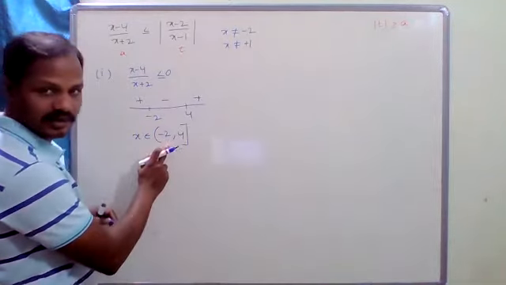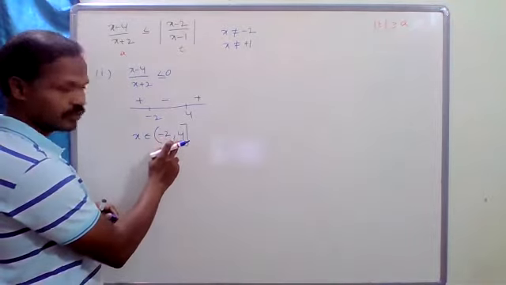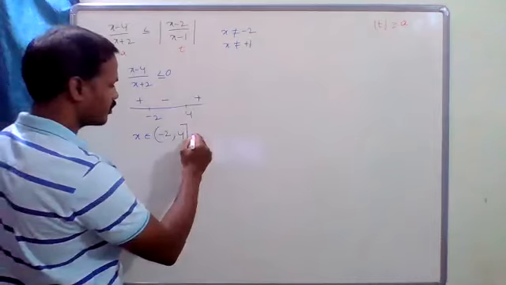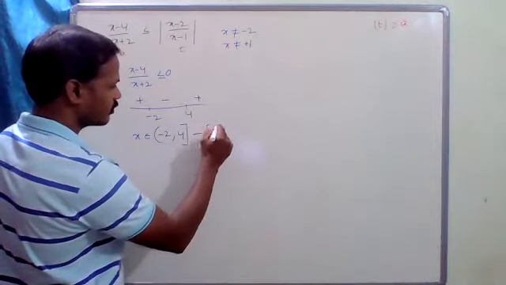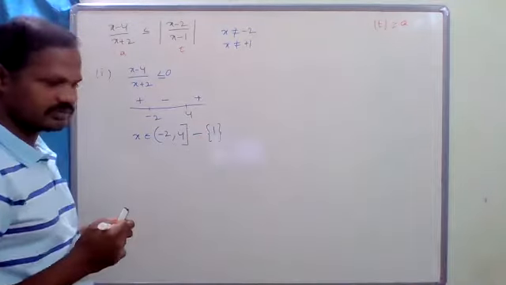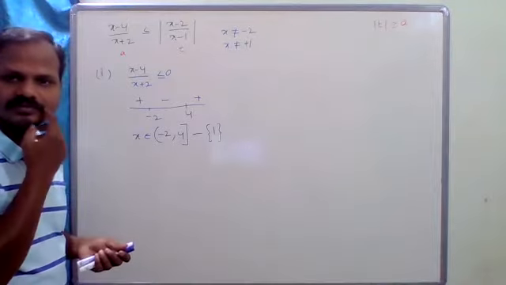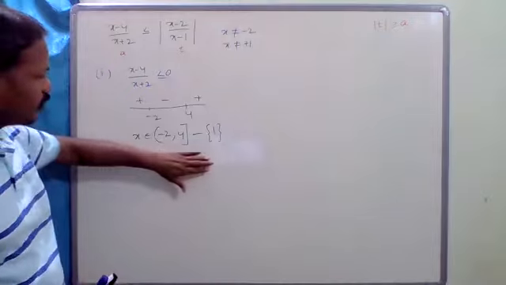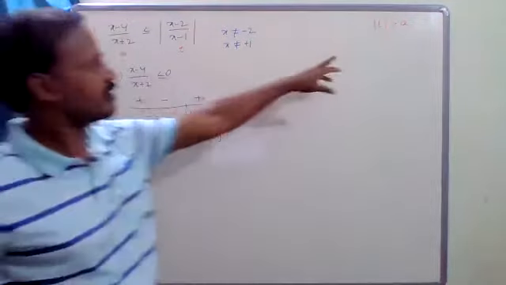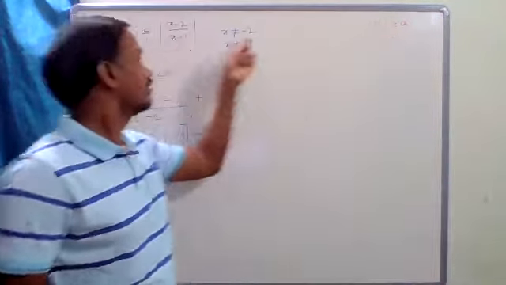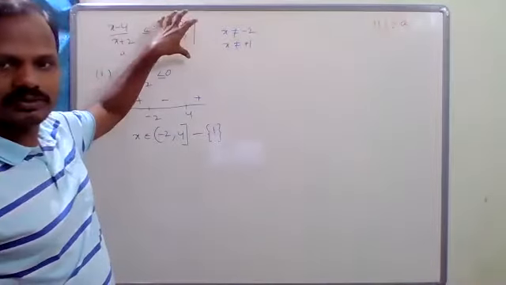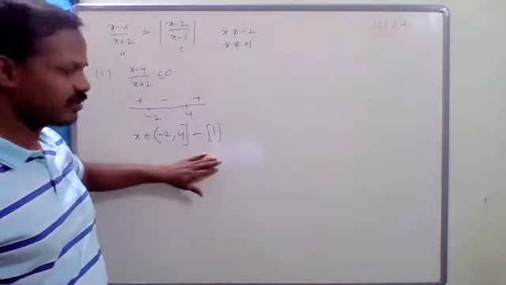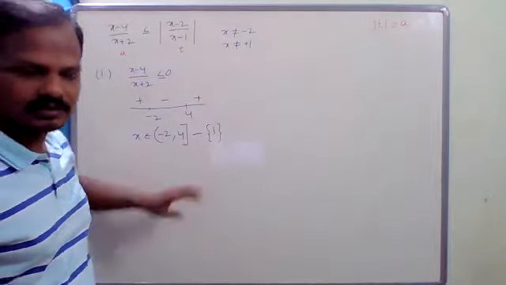But in the interval minus 2 to 4, 1 is there, and x should not be 1, so you have to eliminate that one. Is it clear? For those values, this condition is obviously true because the modulus is positive and a is negative, and positive is always greater than negative.